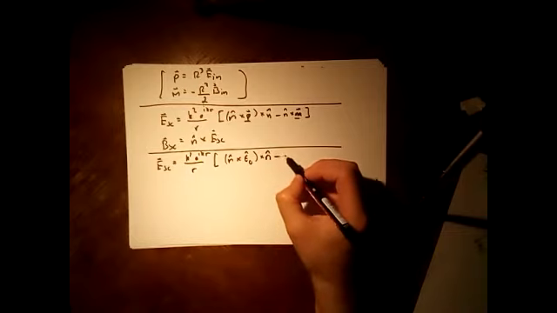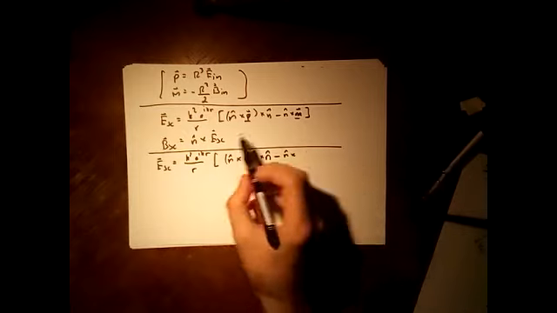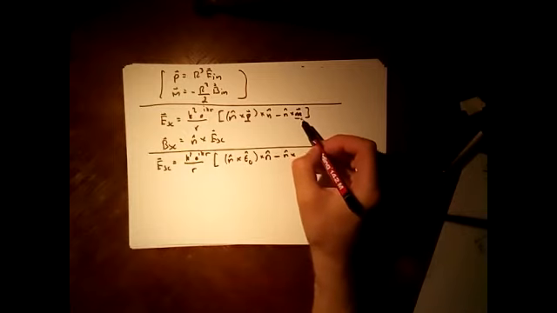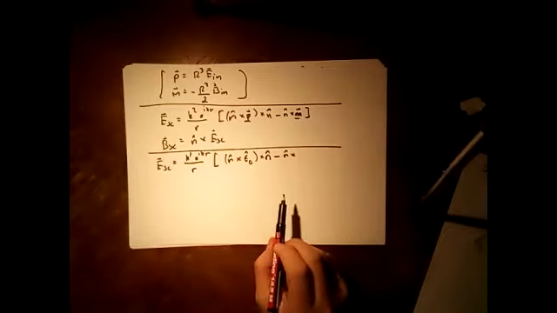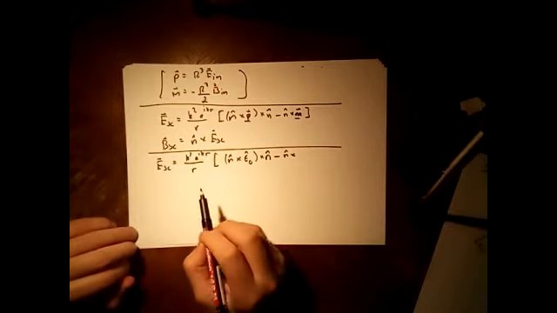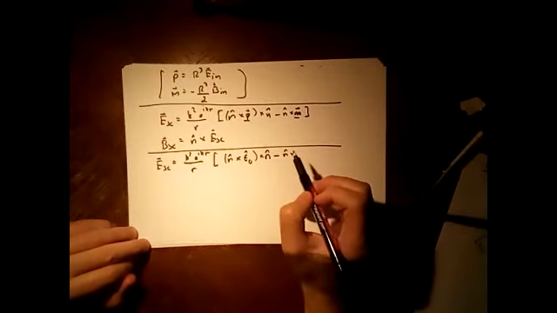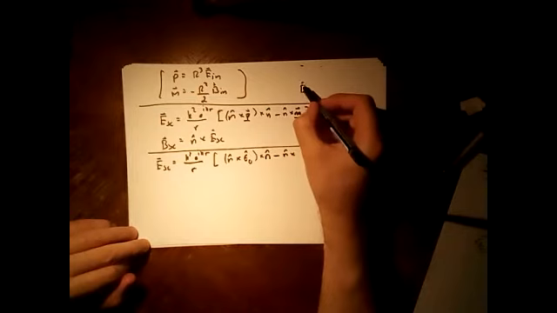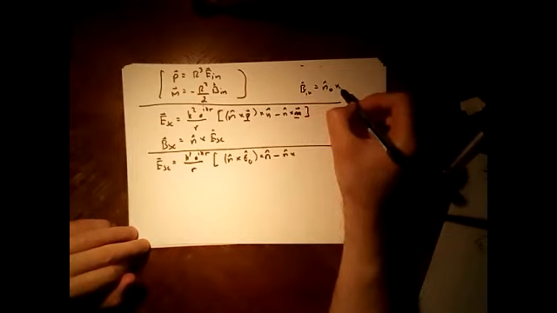N minus n cross, well, actually, for this m, we know that this is proportional to B incident, but we know that B incident is n0 cross E incident.